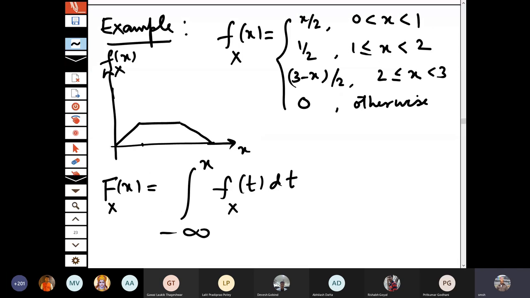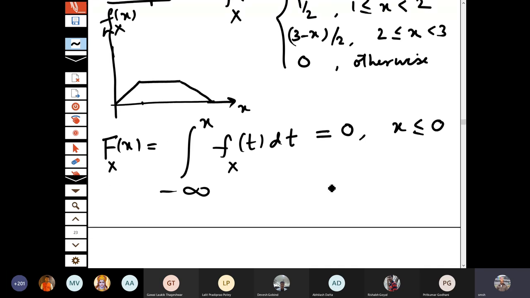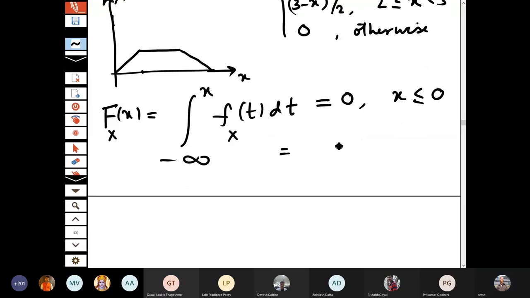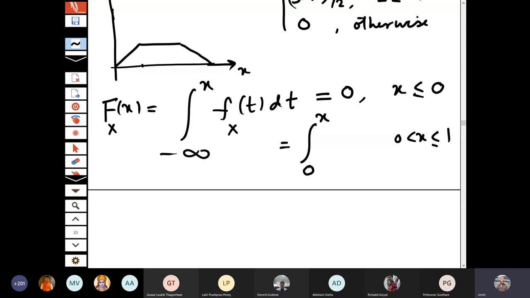You look at the density function here. On the interval 0 to 3, it is defined to be some positive value, and outside this interval it is defined to be 0. So this will be 0 for x less than 0. Then for x between 0 to 1, it is the integral from 0 to x, and the value here is t by 2, so this is t by 2 dt.